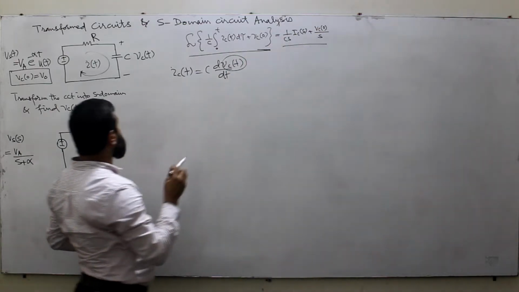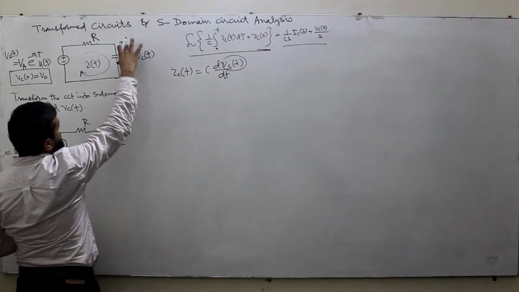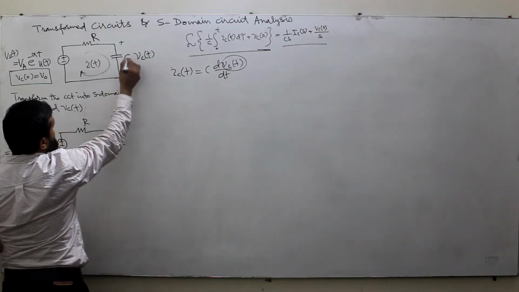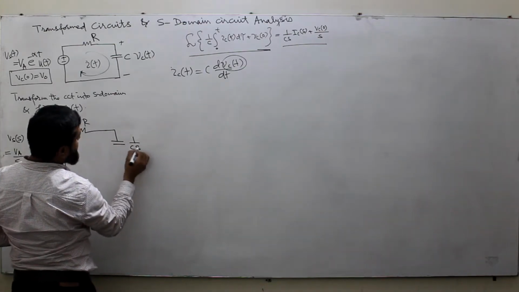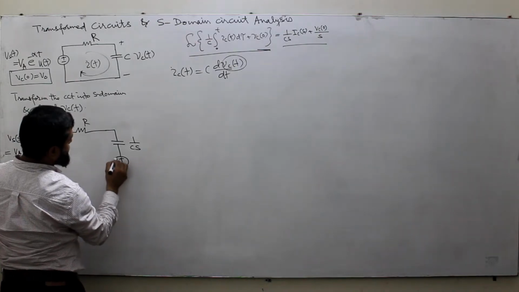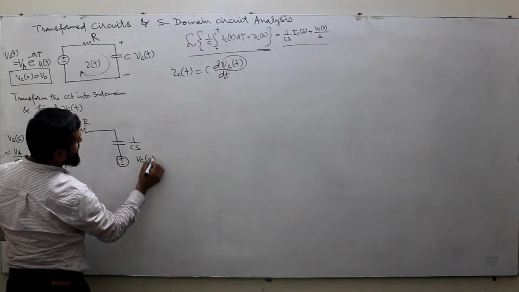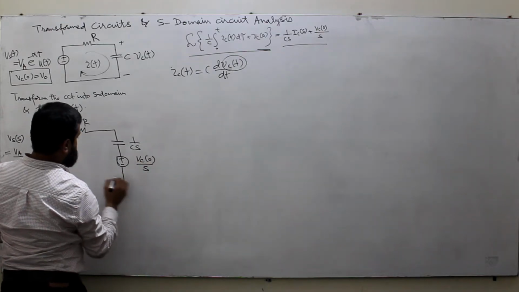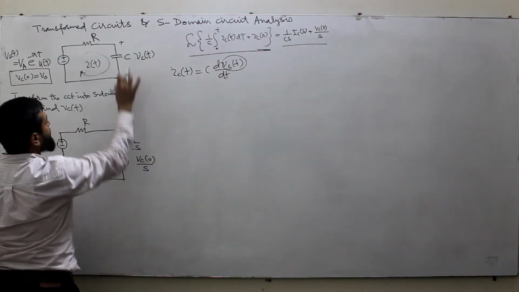So from this one we can replace this time domain capacitor with 1 over Cs plus minus Vc of 0 divided by S.